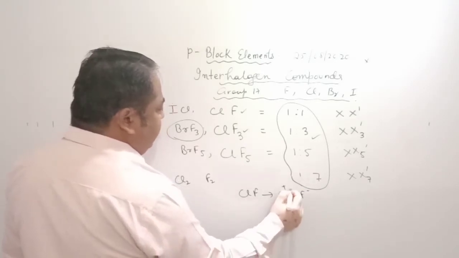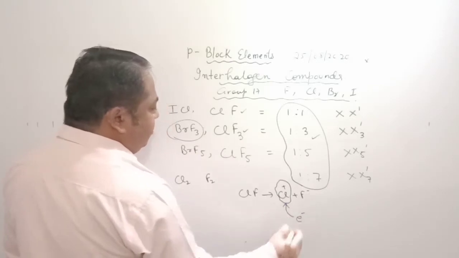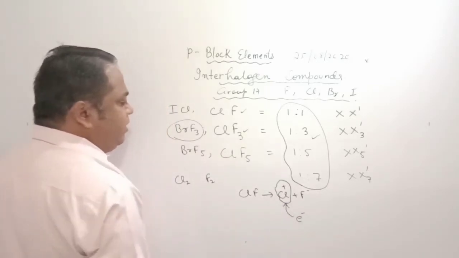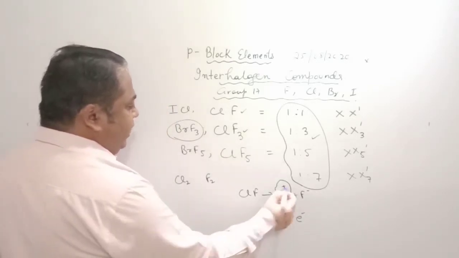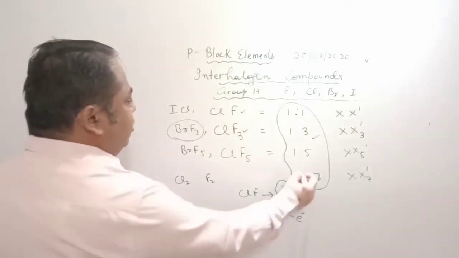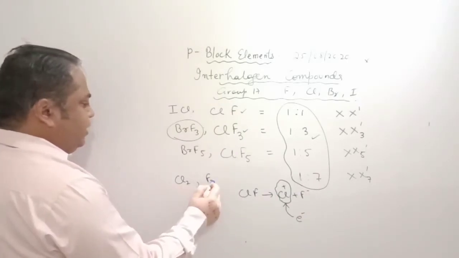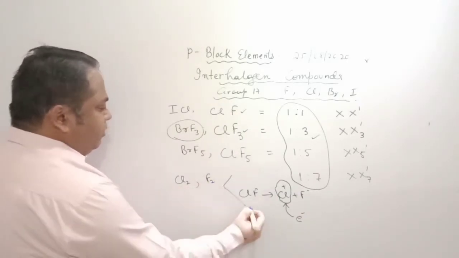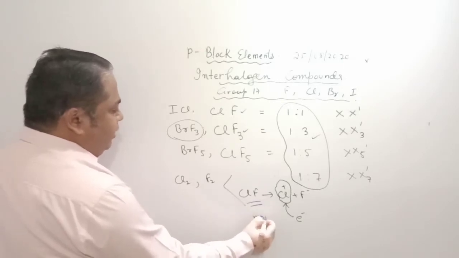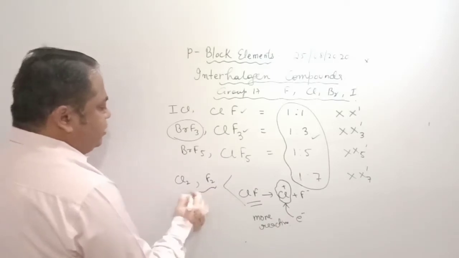Now when an electronegative element exists as an electropositive element, its tendency to gain electron will be much higher, so it will act as a very reactive element, or reactive cation. So interhalogen compounds are comparatively more reactive than their corresponding elements. Okay, these are less reactive and this is more reactive.